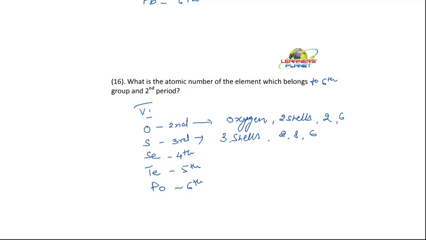As it is present in the 3rd period, what will be the valence shell electron? 6. Selenium, 4 shells. The valence shell electron would be again 6. Right? So this way we can find out the number of electrons as well as the number of valence shell electrons. Okay? I hope you have enjoyed this problem solving session.